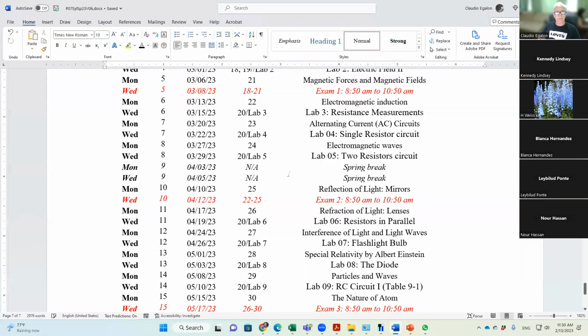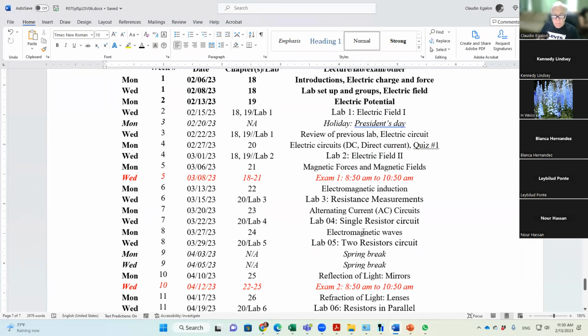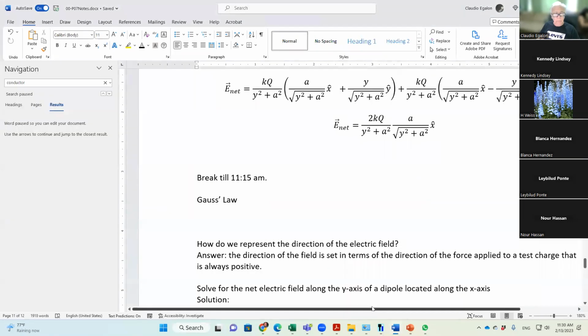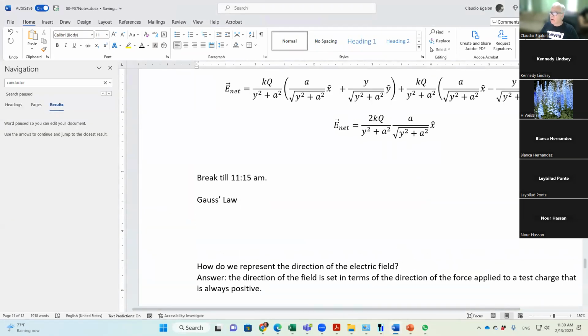Here you go. And now we can start talking about Gauss's law. Okay, so what's Gauss's law?